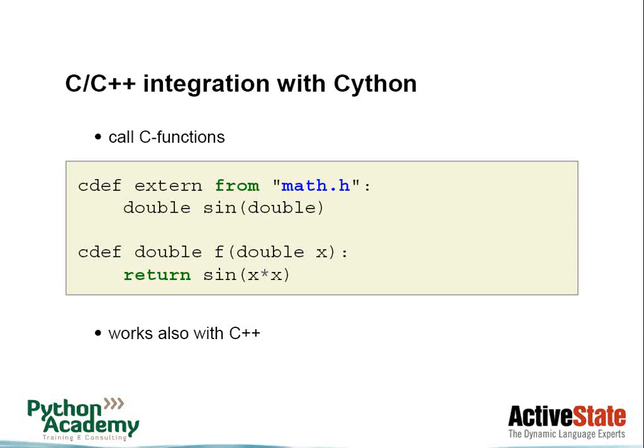But you can also define your own functions, with the C double here, and you define the double, so you have a data type. This is very different. This will be compiled to native C code and will probably be faster because you can really use the C double to calculate instead of the Python double, which is much slower. And the nice thing, it works also with C++, and there's a lot of momentum, a lot of people doing work with Cython now, and there's a lot of things going on, and it's a very nice library. Next slide, please.